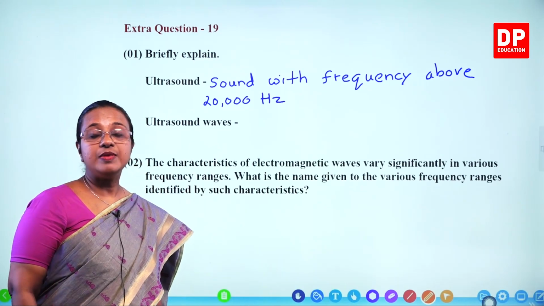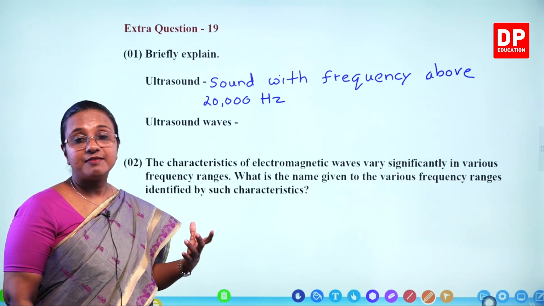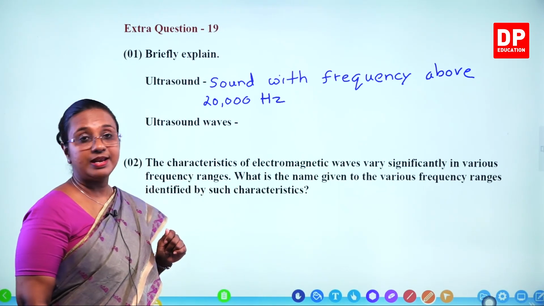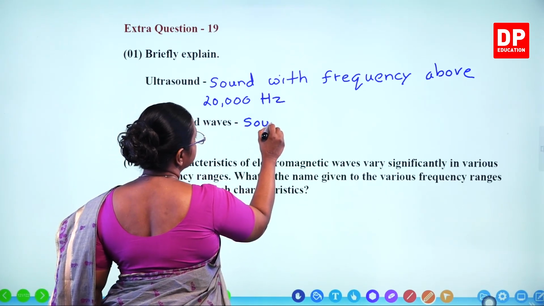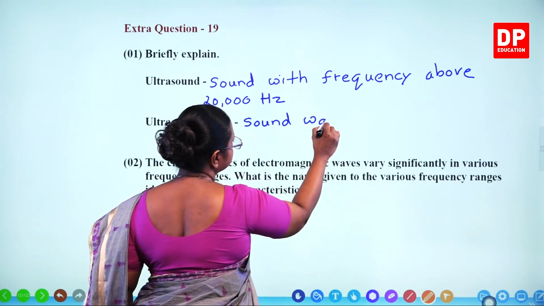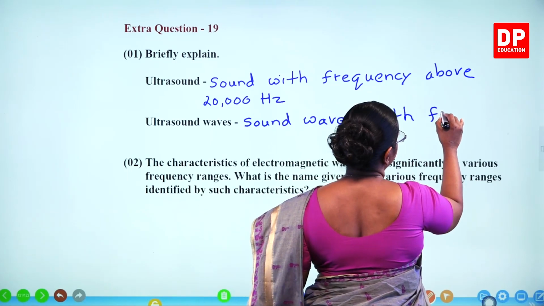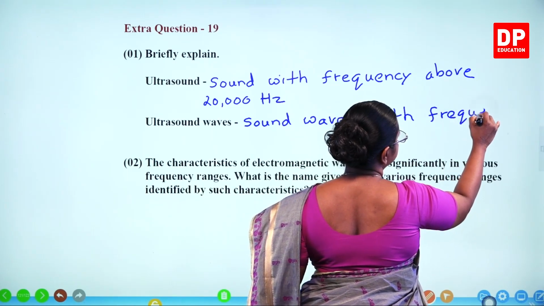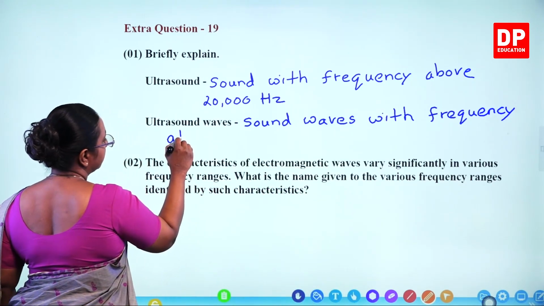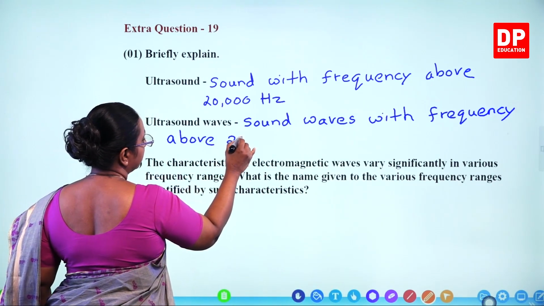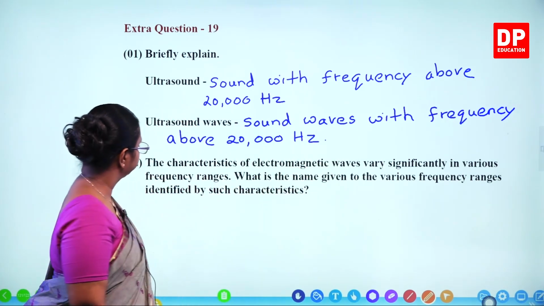And ultrasound waves. What are they? Sound waves that have a frequency above 20,000 Hertz. So here we can say sound waves with frequency above 20,000 Hertz.